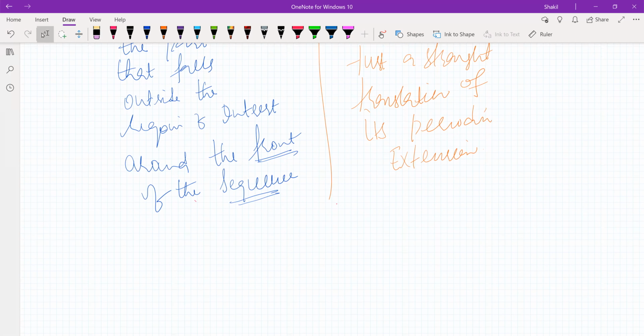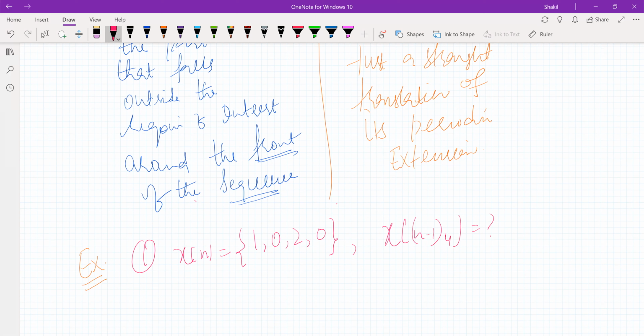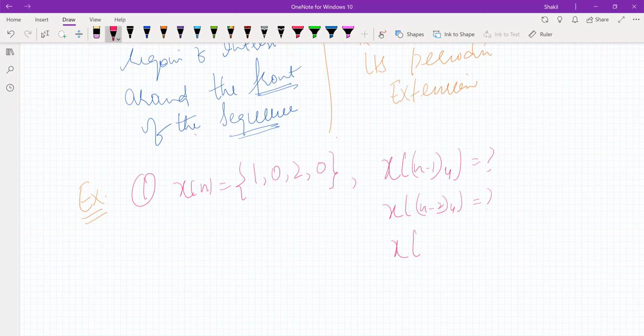Now, here is an assignment for you. Please try these examples. The first x of n is 1, 0, 2, 0. Expand this and compute the different circular shifts. Compute x of n minus 1 of this 4-point sequence, x of n minus 2, x of n minus 3, and x of n minus 4 of this 4-point sequence.